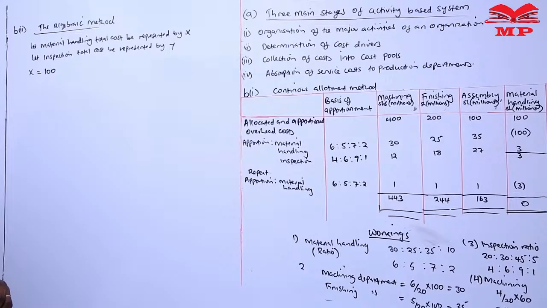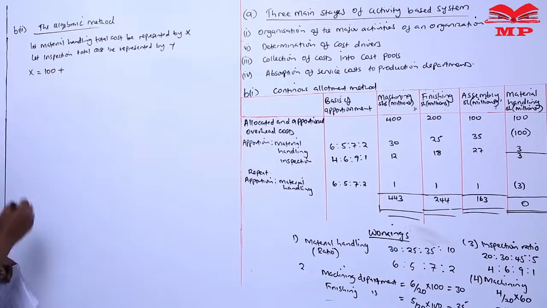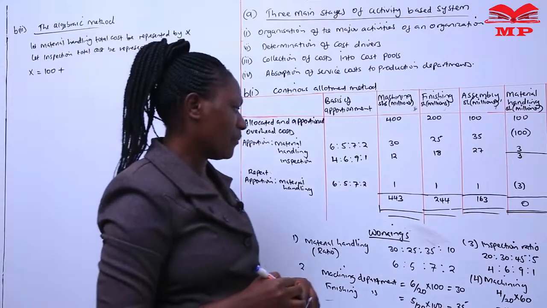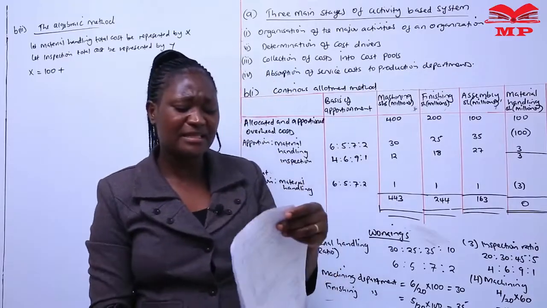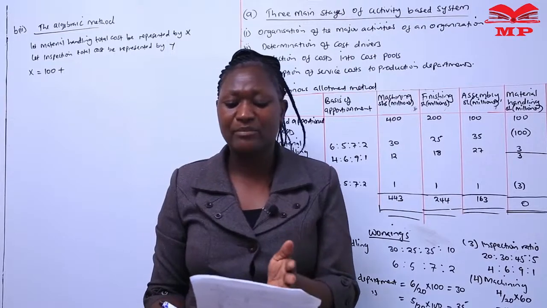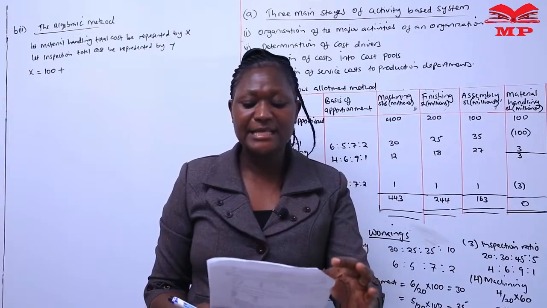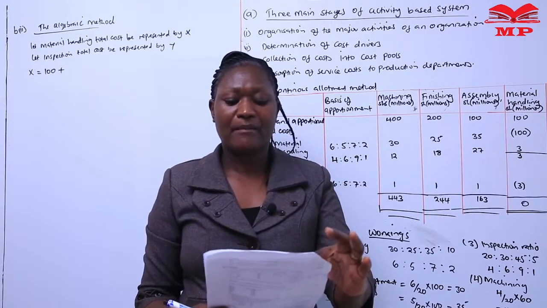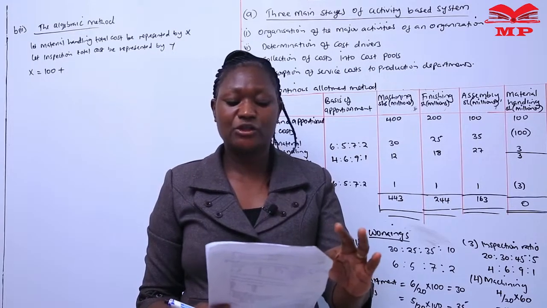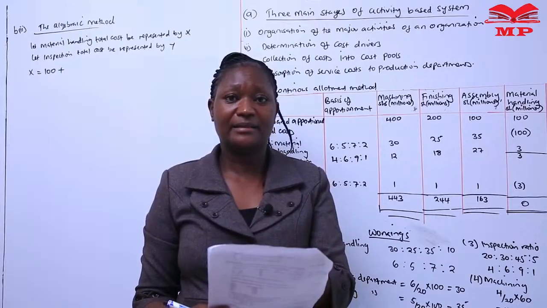One, it must have the original total or the allocated, plus the proportion of the other service department. When you look at that question, we have machining, finishing, assembly, material handling, and inspection. Material handling is being provided by inspection with 10%.